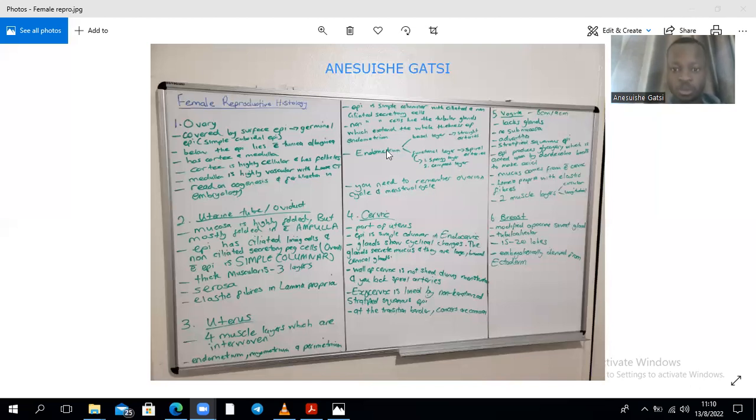Then the non-ciliated cells. So the mucosa has ciliated and non-ciliated cells in the uterus, just like in the uterine tube. The non-ciliated cells are the ones that are secretory, and the ones that line the tubular glands, which extend the whole thickness of the endometrium.